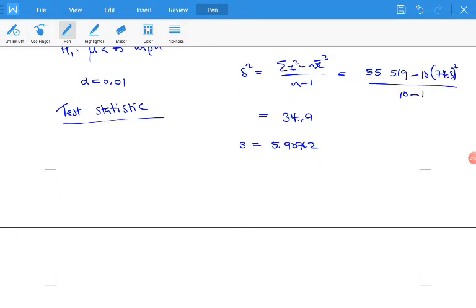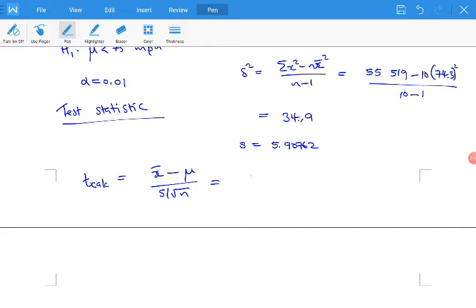So for our test statistic here, we can use Z, or we can use T. It all depends on what you want and what you are used to. So T calc is equal to x bar minus mu over s over root n.